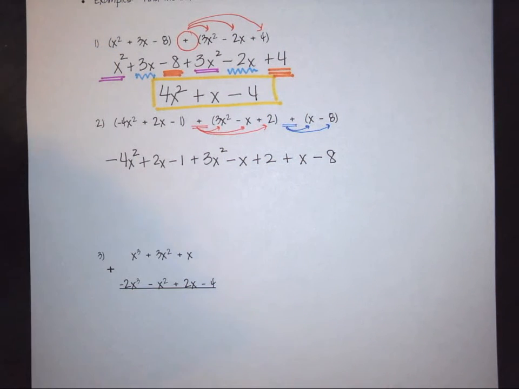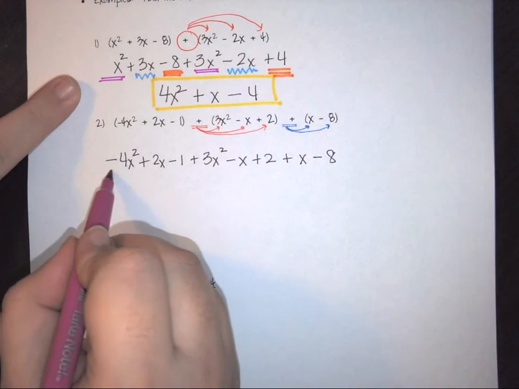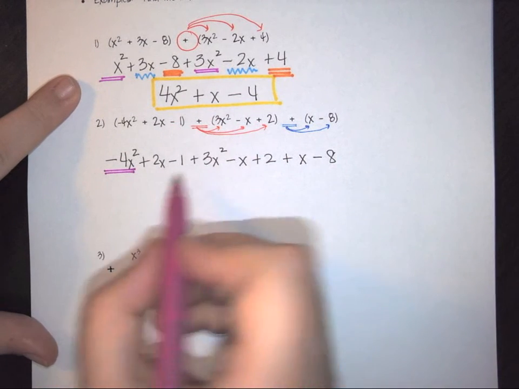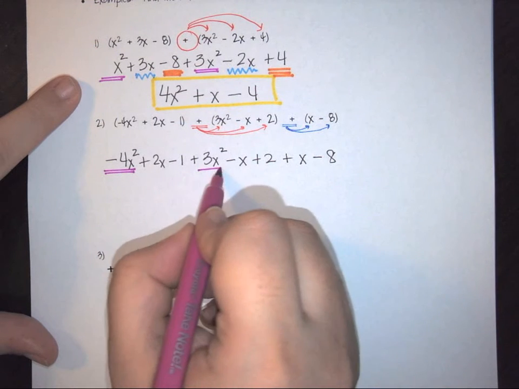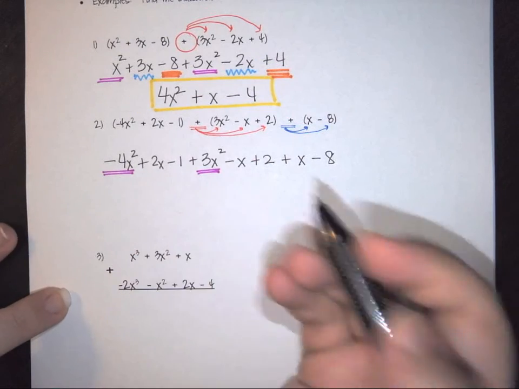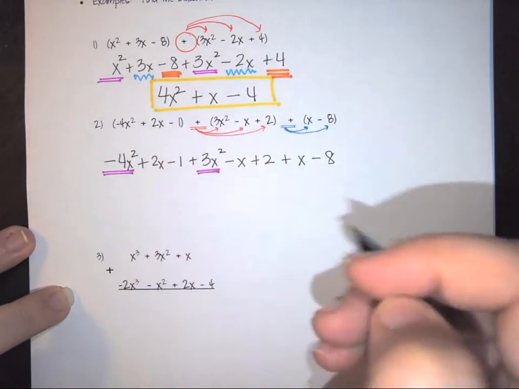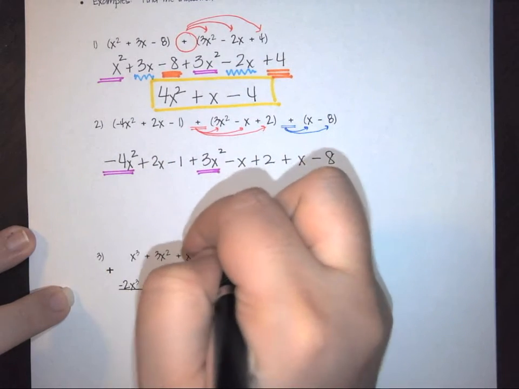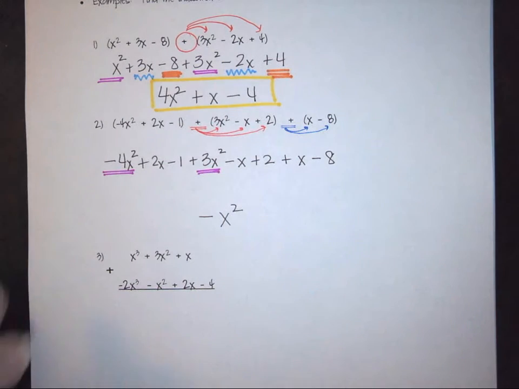So again, just like before, I need to start combining my terms. I'm going to start with my x squared term here. Going down the line, I have one more, and that would be it. So in this case, I now have negative 4 plus 3 is going to give me negative x squared.